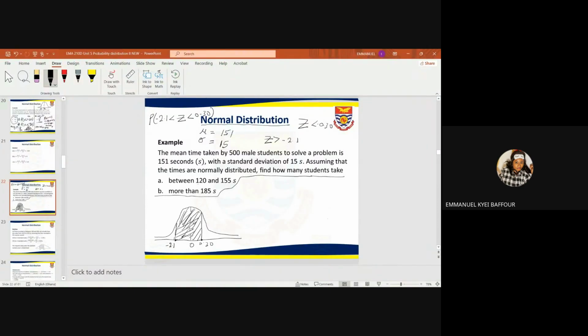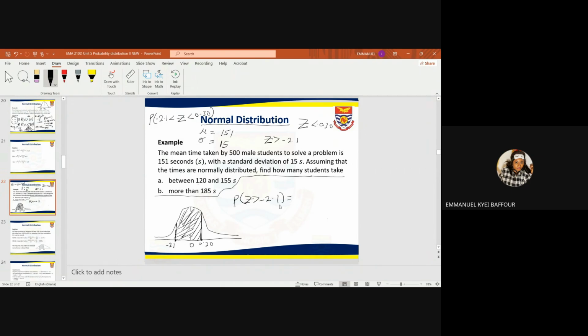So we are coming to calculate the area that is being bounded by this particular line and then this particular line. So first we will look out for our probability of Z being greater than negative 2.1.